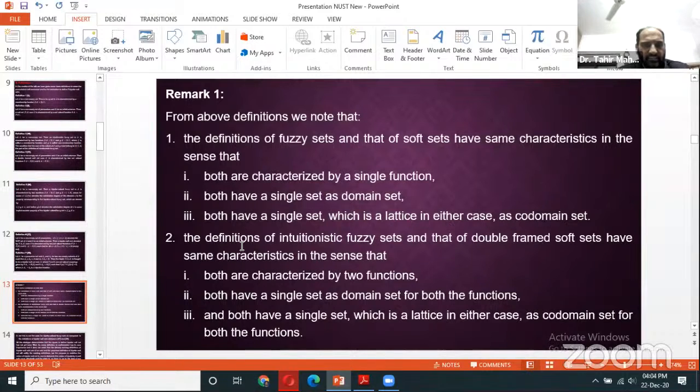The second remark is that the definitions of intuitionistic fuzzy sets and double framed soft sets have same characteristics, in the sense that both are characterized by two functions, both have a single set as domain set for both the functions, and both have a single set which is a lattice in either case as codomain set.